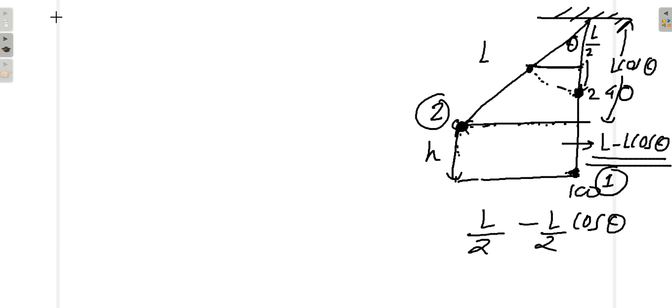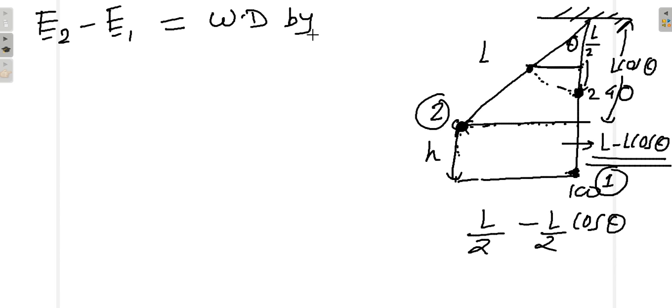Now we'll use the principle of work energy between point 2 and point 1. What is the kinetic energy, final kinetic energy? I will use the formula here. E2 minus E1. There is only one thing which is doing the work, which is weight. As the weight rises up, the work done is negative because it is done against the gravity. So E2 is 0.